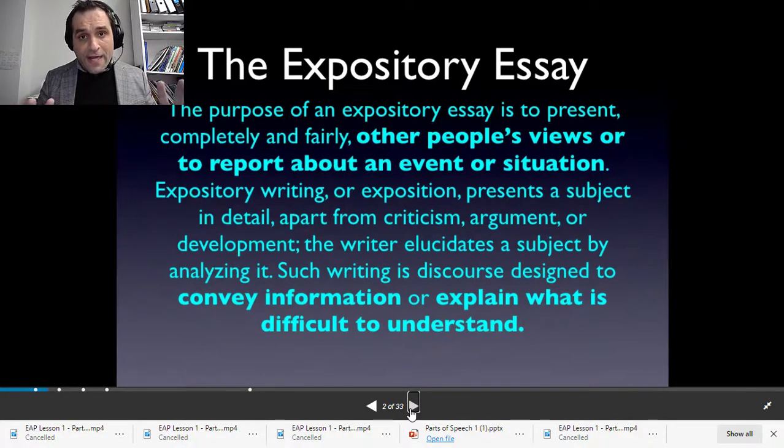You don't want that because somebody who writes an explanatory or expository essay is somebody neutral. Neutral. What does that word mean?